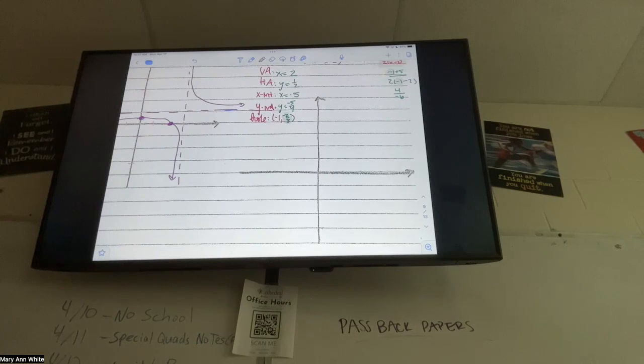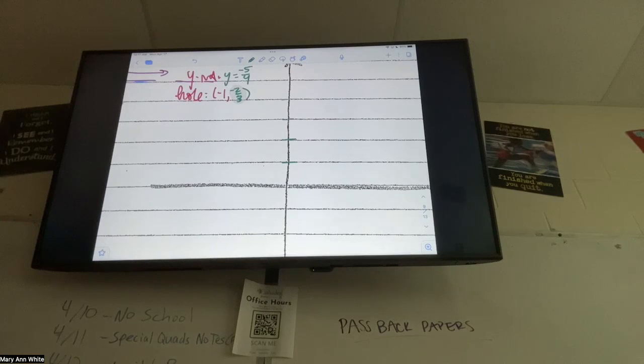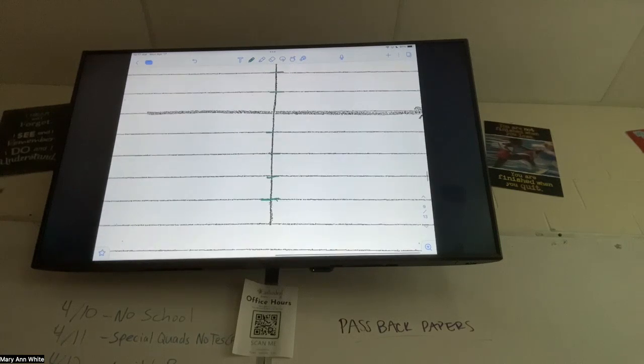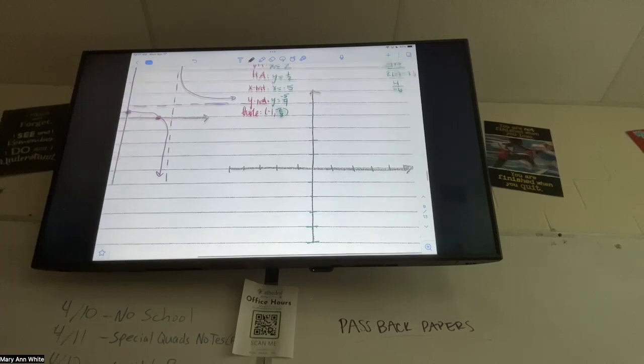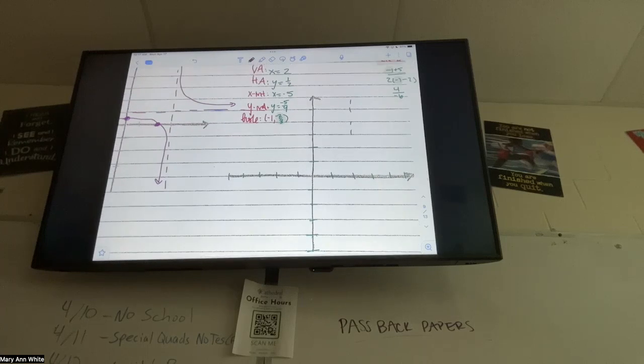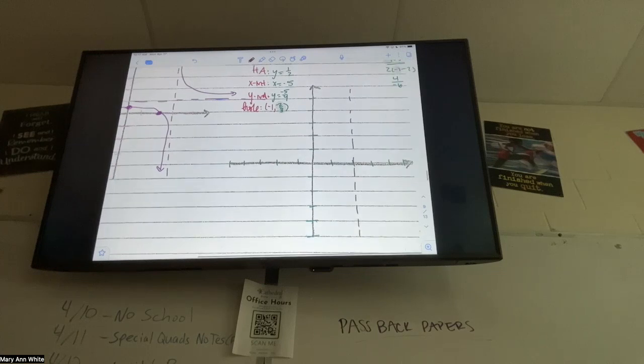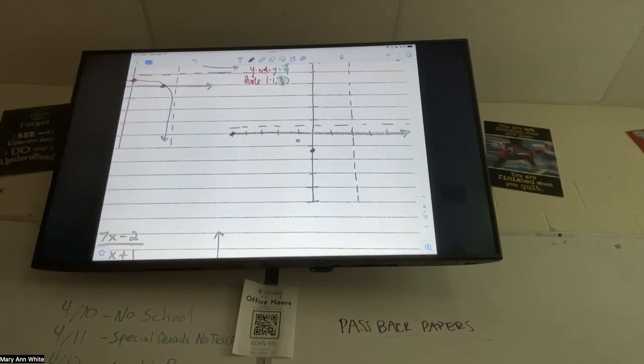Okay, I'm gonna work on graphing now. I've got my 3 points, so I'm gonna make my C curve down here in the bottom, or bottom left quadrant, I'm sorry.